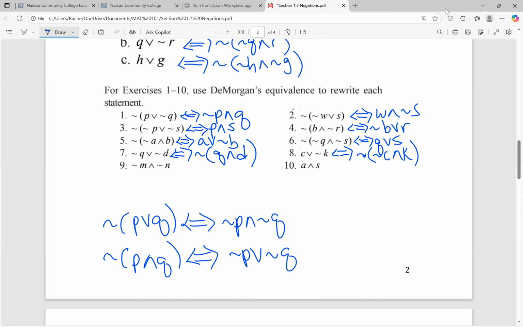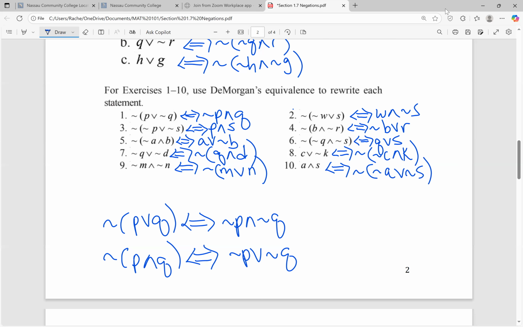For number 9, we would have had to negate not M, which is M, and was an or, and then a not N, which is N. So we negated M or N. And then we'll do one more. So for number 10, we had to negate not A, and becomes or, and then not S. So this is the negation of not A or not S.